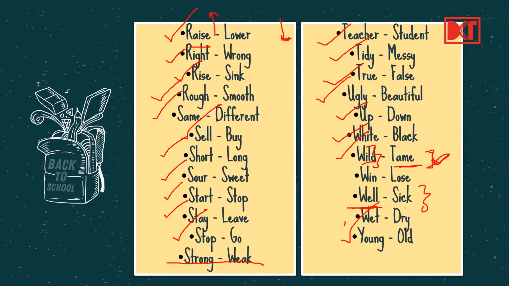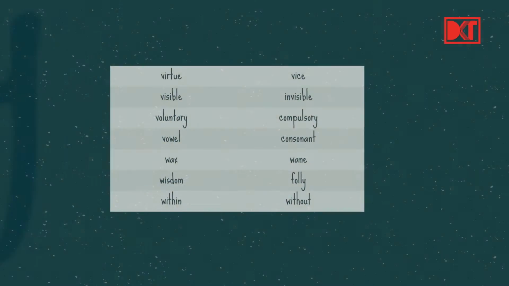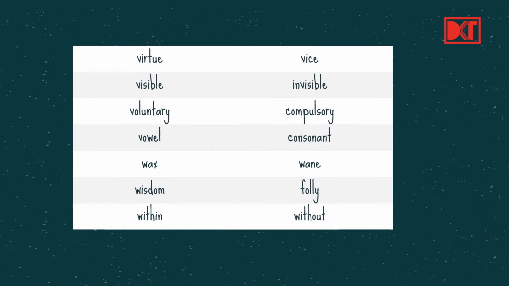All right. Here are a few more examples. Virtue is the opposite of vice. Visible, the opposite of invisible. Voluntary, the opposite of compulsory. Vowel, the opposite of consonant.